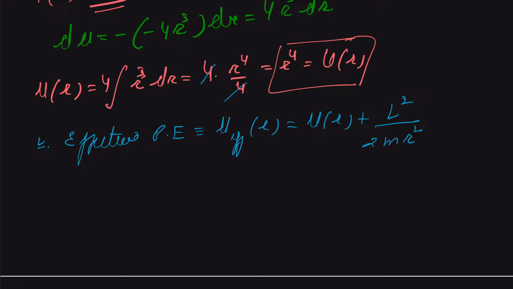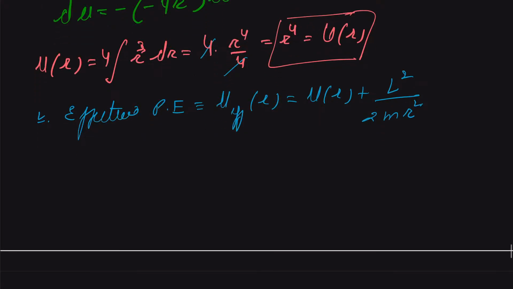Okay. And we simply substitute their values. We know that L is given as 1000, mass is 50 gram. So we get U effective of r is equal to r raised to power 4 plus, and L square will be 1000 square divided by 2m r square, which is 2 times 50, divided by 100.